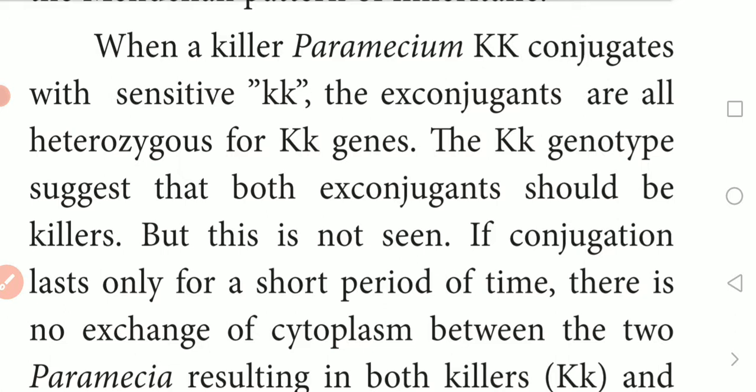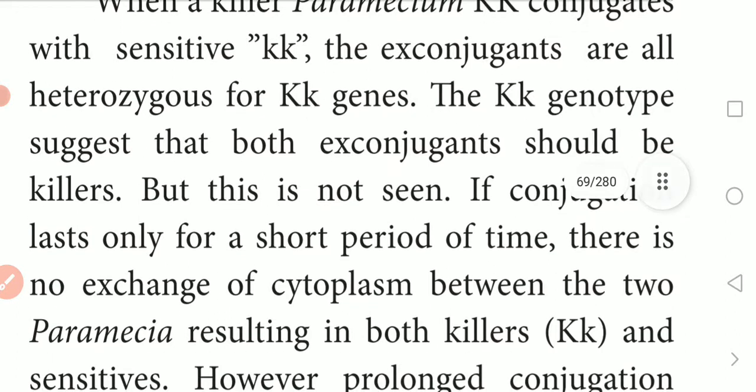The inheritance of killer traits does not follow the Mendelian patterns of inheritance. Which one is the killer trait? The Paramecium kappa particle is the killer type. So the kappa particles do not follow Mendelian patterns of inheritance. In Mendelian patterns, what we have seen is that characters are inherited from one generation to another.